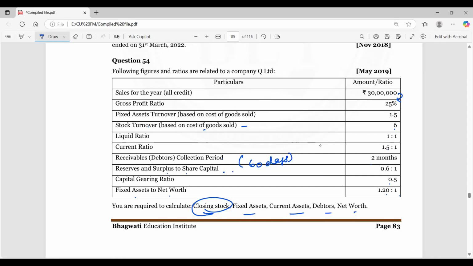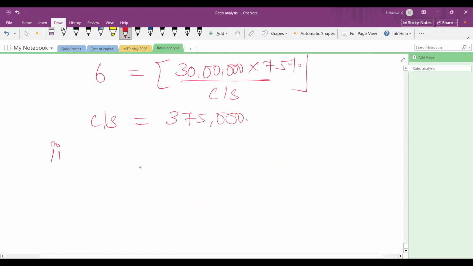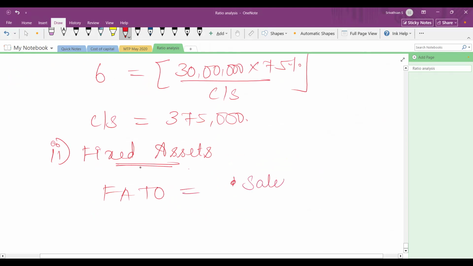Now, the second requirement of the question is to calculate fixed asset. In this question, fixed asset turnover is calculated on COGS. So, requirement 2. Fixed asset. Fixed asset turnover ratio is equal to sales by fixed asset.